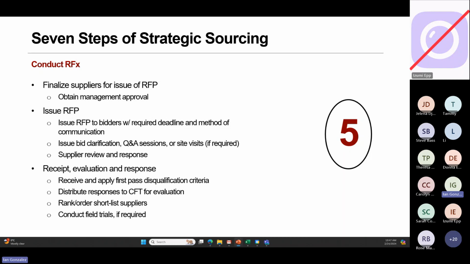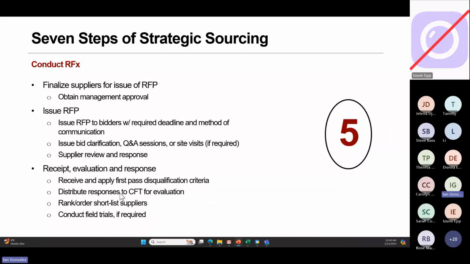So receive and apply first pass disqualification criteria. Most times when you have these questionnaires for your RFPs, there are certain elements where if they say no or they can't do it, they're automatically disqualified. So do that first, and whatever remains, you distribute to the CFT for evaluation. And that's critical. Evaluation of an RFP should not be done by supply chain alone. That's why the CFT was formed.